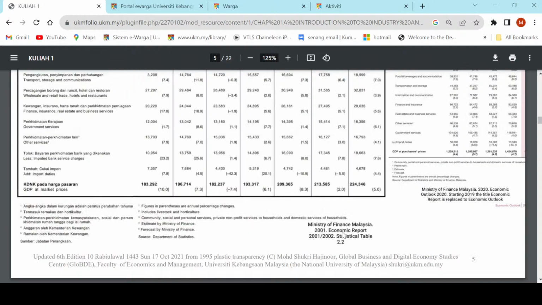This is the book, the report, a government document that comes out every year on the day the Minister of Finance tables the budget for the country, the national budget for the next year. Like two weeks ago, or last week, the Minister of Finance tabled in Parliament the budget for 2024.